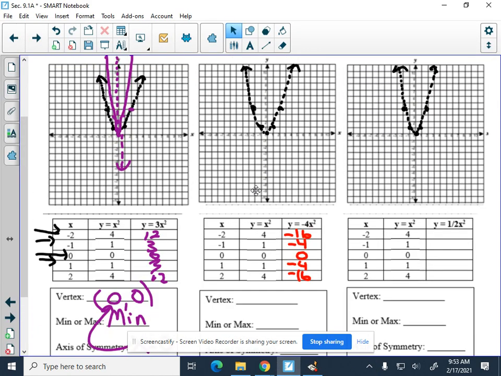Now we're going to try to graph it. 0, 0, 1, -4, -1, -4. And then somewhere way down here off the graph, it's at -16. So this one, it did a couple things.